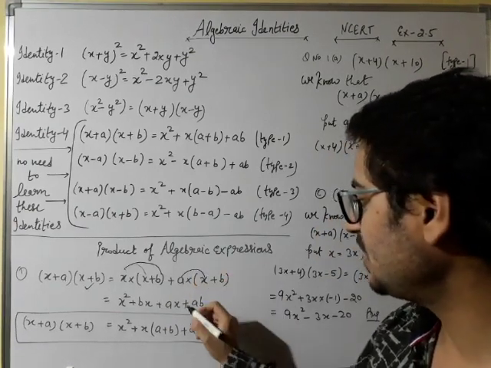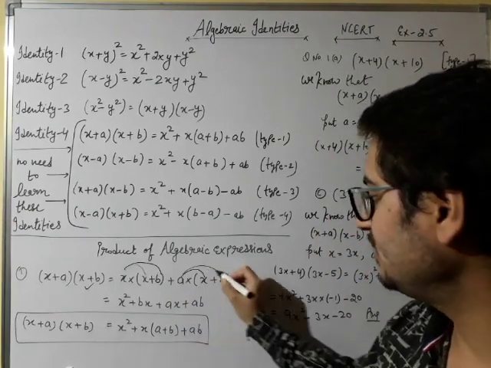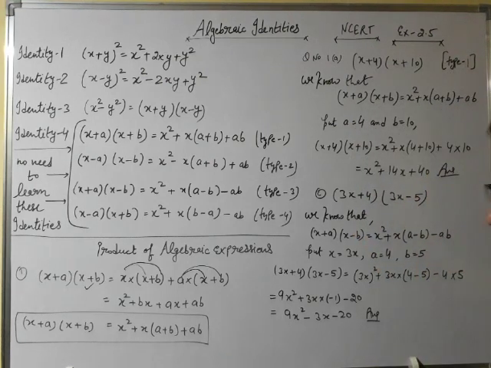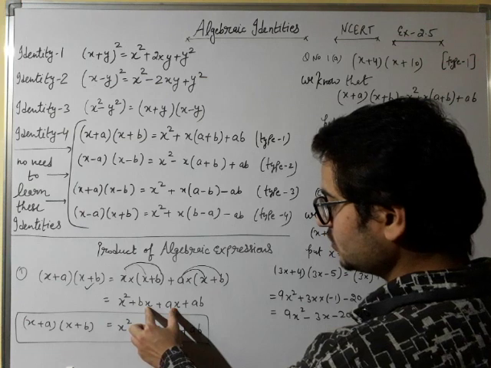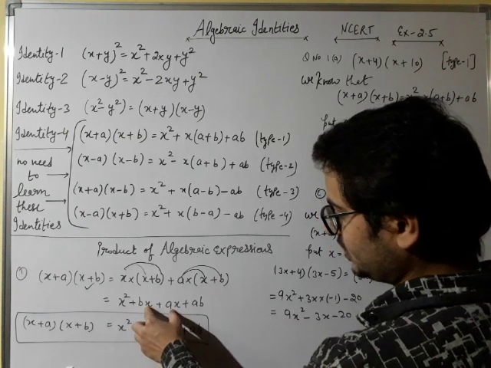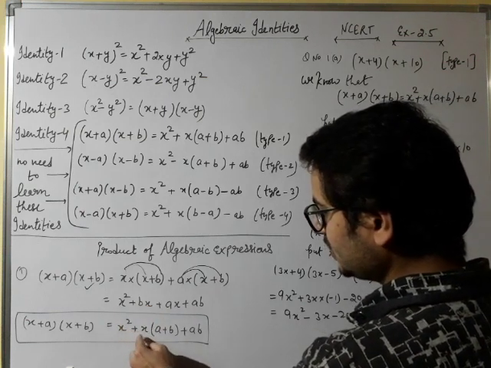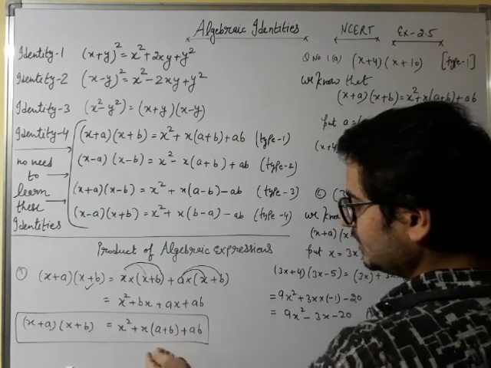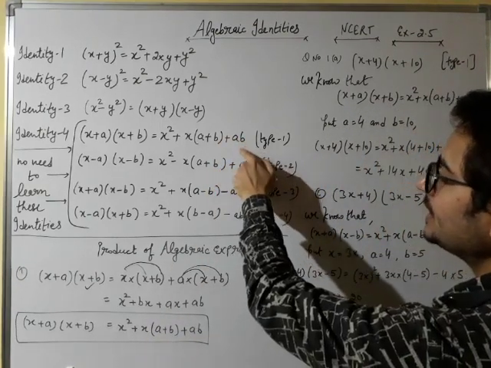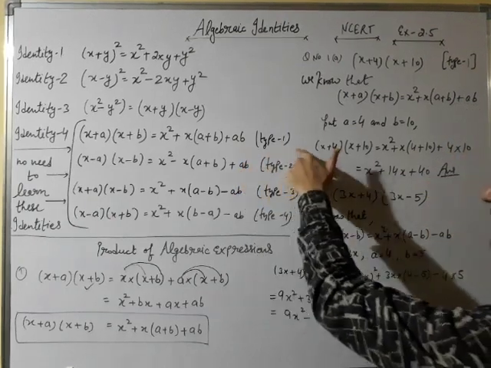Then a multiplied by x gives ax, and a multiplied by b gives ab. Now we take x common from the middle two terms. So it is equal to x² + x(a + b) + ab. This is the required identity number 4, type number 1.